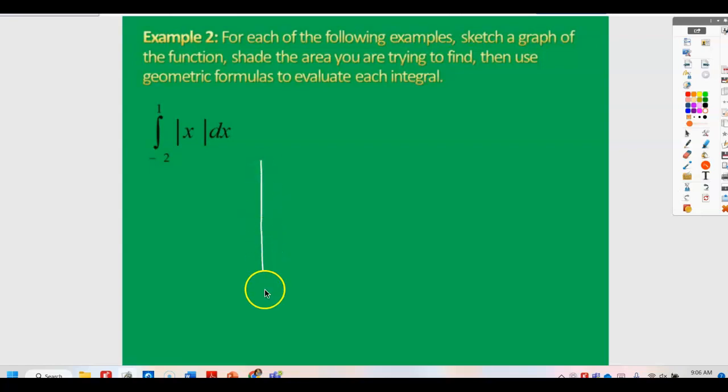So if you think about the curve absolute value, it is a V-shaped curve. The slope to the right is positive. The slope to the left is negative. If you are trying to find the area under that curve, you're going from -2 to 1.